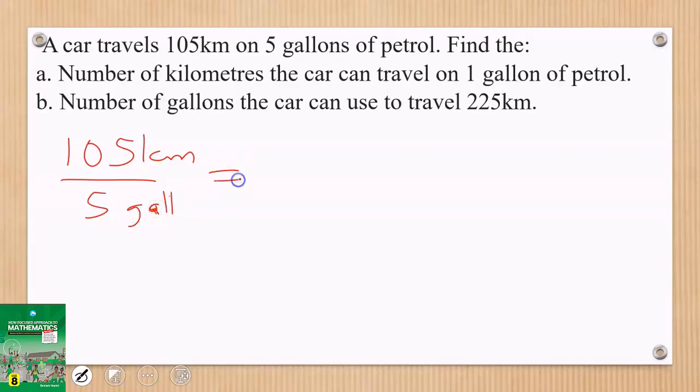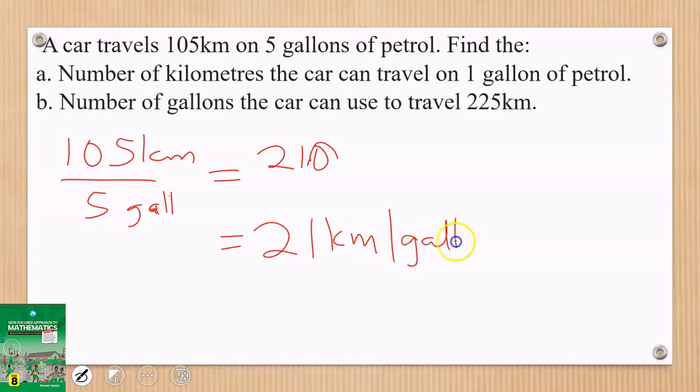So when I do this simple division, 105 divided by 5, just double 105, and that's going to give you 210. Decimal point is moved backwards once, and that becomes 21. So the answer is 21 kilometers per gallon. That's what it means, per gallon. So the car can travel 21 kilometers per gallon.